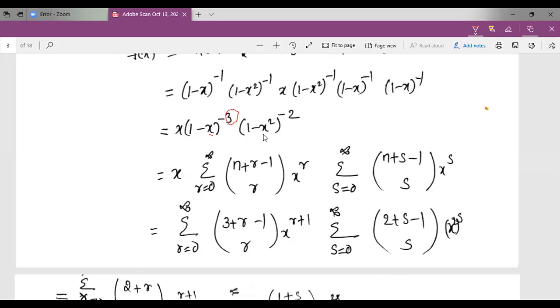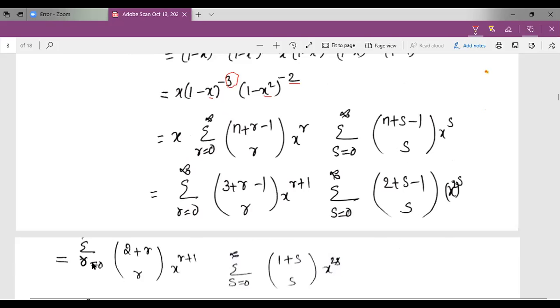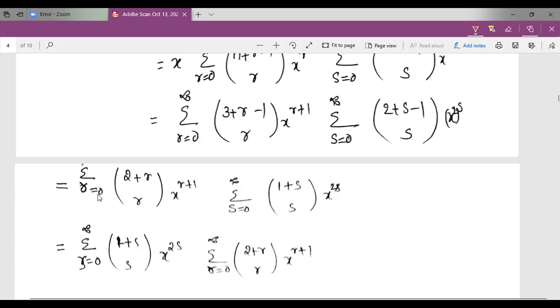In this expansion x is x^2 and n is equal to 2. We substitute these two values: C(2 + s - 1, s) with x^2 raised to the power s. Okay. So summation r = 0 to infinity of C(2 + r, r) x^(r + 1), and summation s = 0 to infinity of C(1 + s, s) x^(2s).